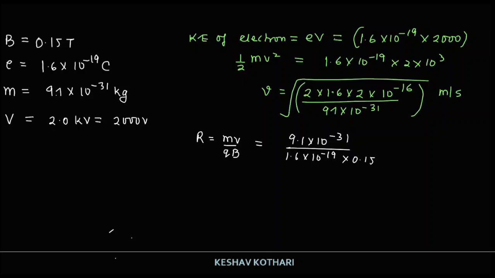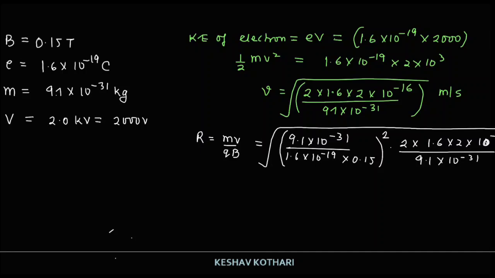Since v is in a square root, I am introducing this entire parameter into the square root, that is 1.6 into 2 into 10 to the power minus 16 upon 9.1 into 10 to the power minus 31, all under the square root. From here we calculate the value of radius equal to 1.01 into 10 to the power minus 3 meter. So it is roughly coming out to be 10 to the power minus 3 meter, and that is equal to 1 millimeter.